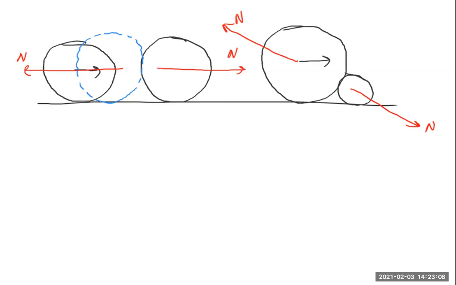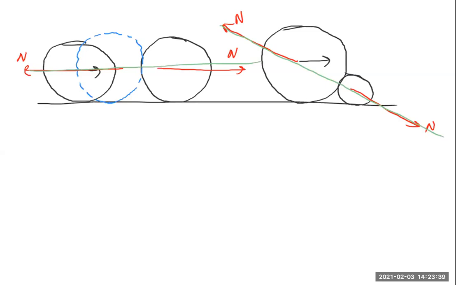The vertical component of the normal reaction on the larger ball may be greater than mg, maybe, and that will make the bigger ball bounce. It will make it go up. It will make it leave the surface. Okay, did that make sense? This normal reaction that I have drawn is just the common tangent, basically. I mean the common normal when they come in contact with each other.